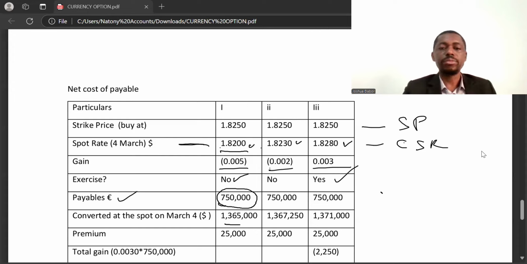So 1.8200 is the closing spot rate. And the amount to be received is how much? 750.